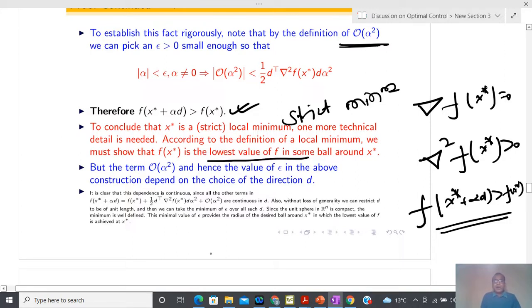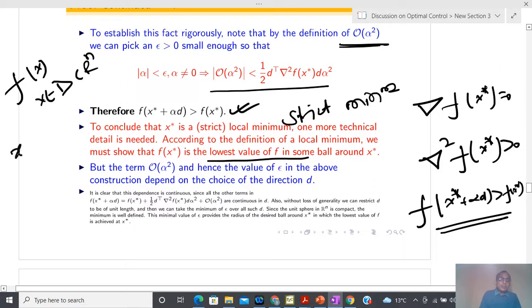Now whenever I assume this kind of thing, I have to make sure that alpha is very small, and I am assuming a direction. I have selected the direction in such a way that x* plus alpha d remains in the same domain. Suppose I have to solve an optimization problem where D is a subset of R^n.